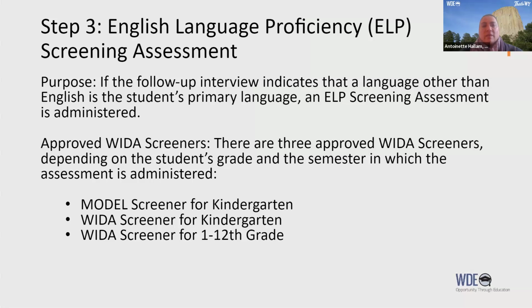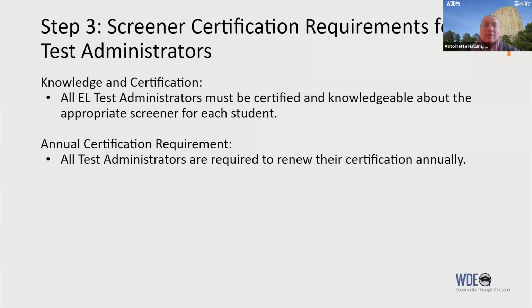There's the model screener for kindergarten, the WIDA screener for kindergarten, and the WIDA screener for grades 1 through 12. For kindergarten, both the WIDA screener for kindergarten and the kindergarten model are approved screening assessments. For grades 1 through 12, districts are required to use the WIDA screener.